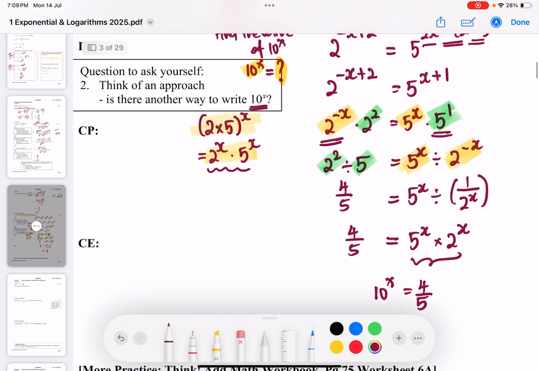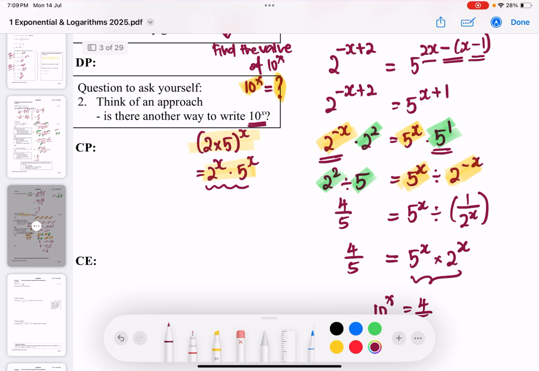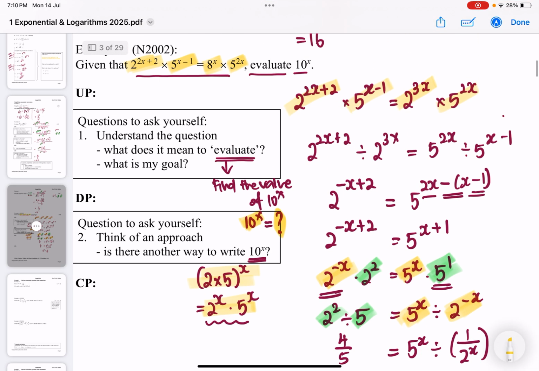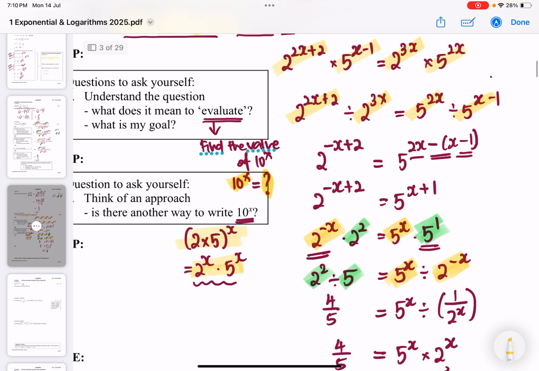Take some time to look through the strategy that we have used for this question, because this is actually going to be a useful strategy for many questions. So I'm just going to quickly run through what we have done. The first thing we did was to group the terms with the same base first. So on the left hand side was all the base 2, right hand side was all the base 5. Then we can use our laws to simplify the powers.